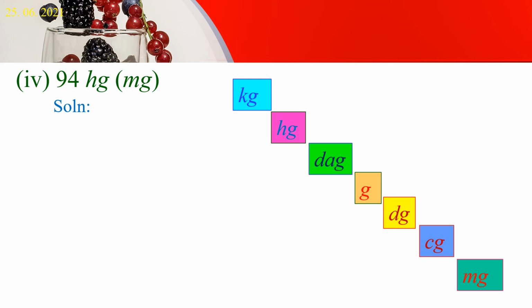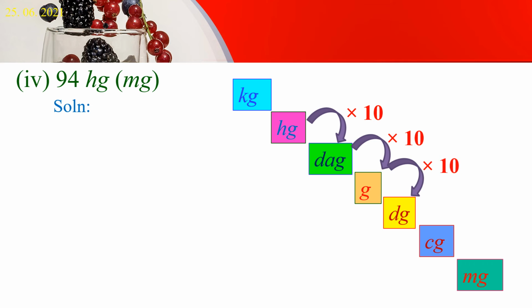Now we have to find how many steps we have to move to reach milligram from hectogram. Let us see. On the movement of first step, we are in decagram, so we have to multiply by 10. On the second step, we are in gram, we have to multiply another 10. On the third step, we are in decigram, we have to multiply another 10.